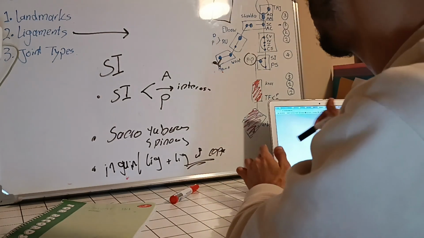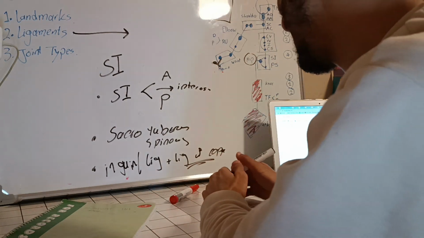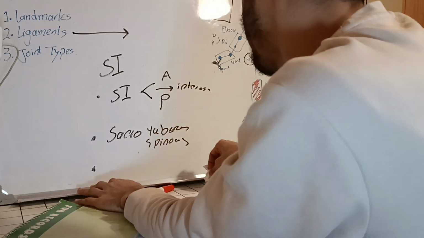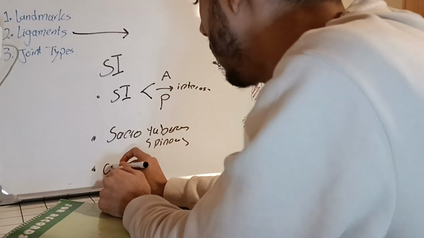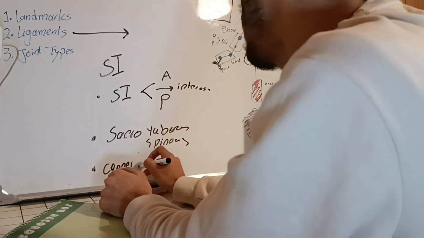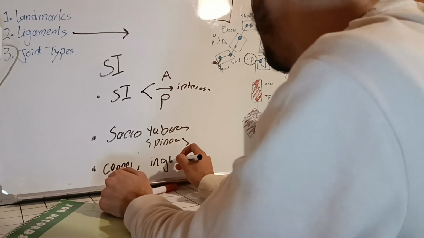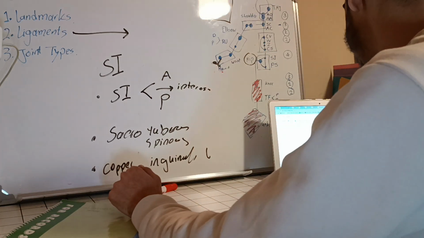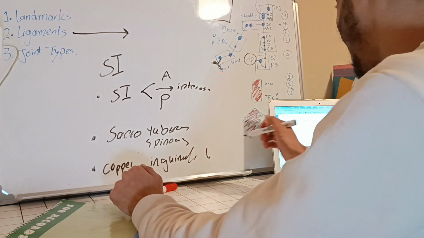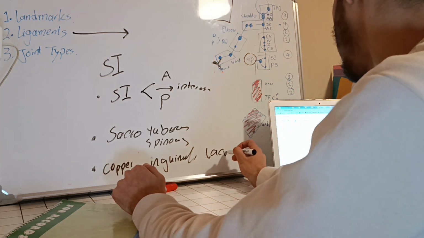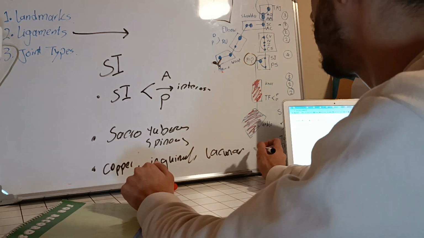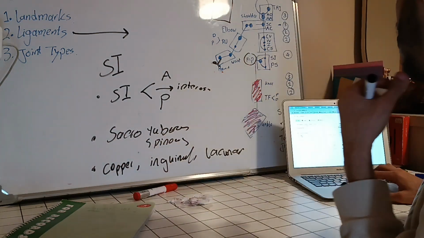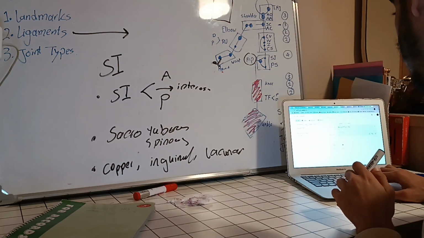So here actually there are three with a very stupid name: the ligament of Cooper, the inguinal ligament, and the lacunar ligament. Right?